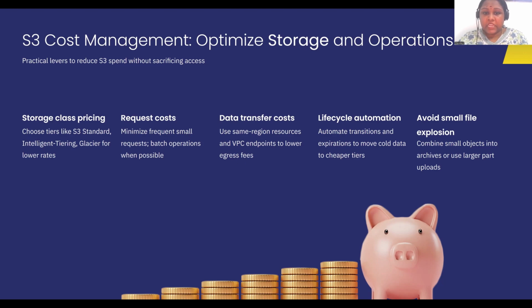A large number of tiny objects increases request cost and reduces performance. Combine small files into larger archives. Use larger multi-part uploads for better efficiency. By combining the right storage classes, smart request patterns, and automated lifecycle rules, you can significantly reduce S3 cost while maintaining reliability and performance.